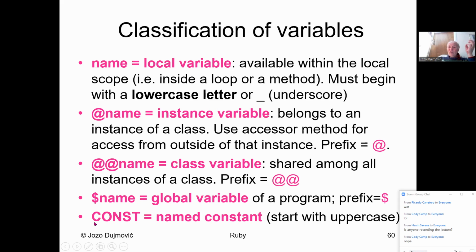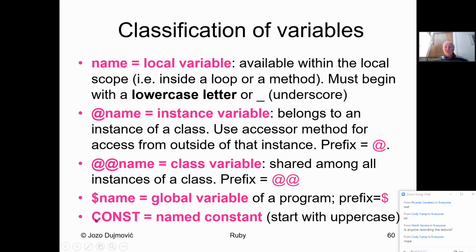Sometimes there is a need to have named constant. For example, if you have an array that has a size, you may want to have size written. Size is 1,000. So you have an array that has 1,000 components. And if you want to have named constant, it must start with uppercase. Usually, the style is to put all this in uppercase.